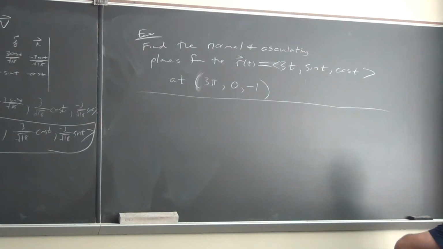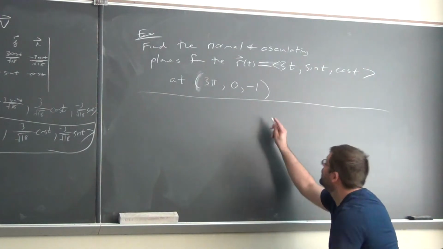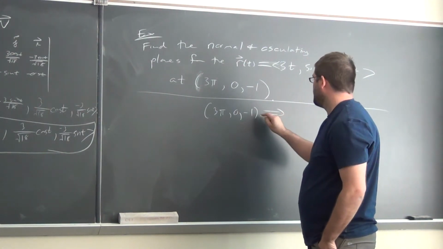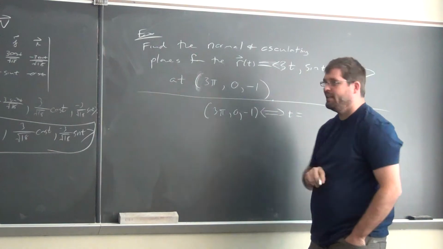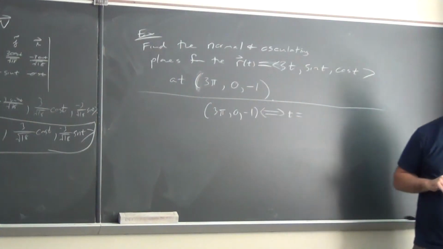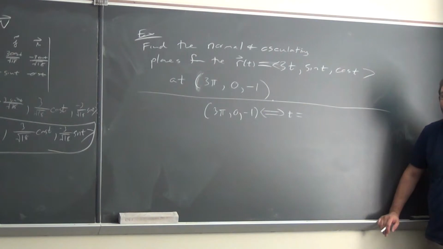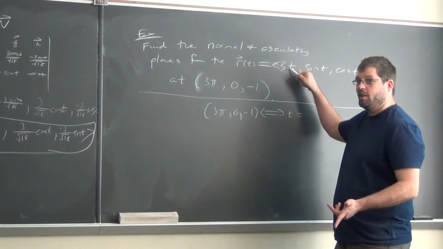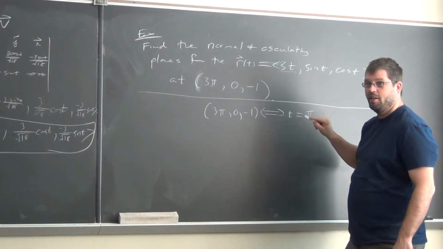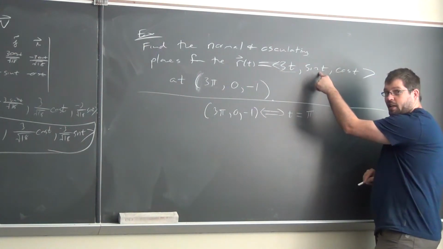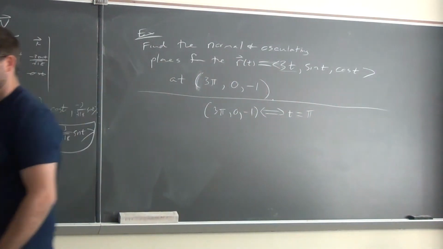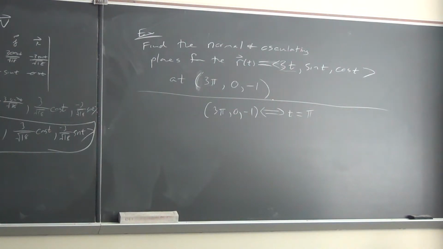So for the point 3 pi, 0, negative 1, what t does that correspond to? t equals pi. If 3t equals 3 pi, then t has to be pi. Let's confirm: sine of pi is 0, cosine of pi is negative 1, so we got the right point. That's your first step, finding out what t is.